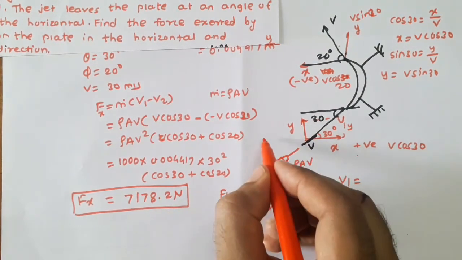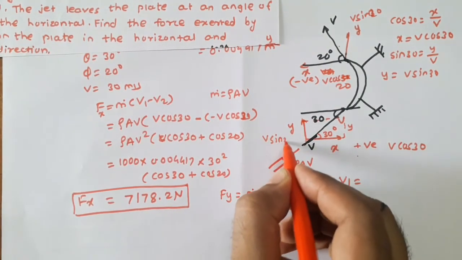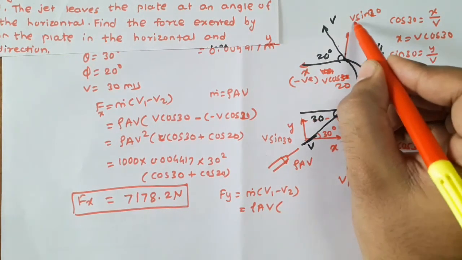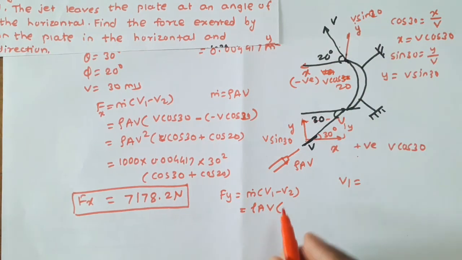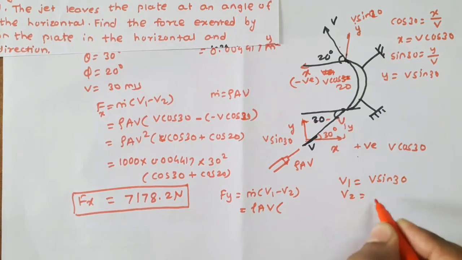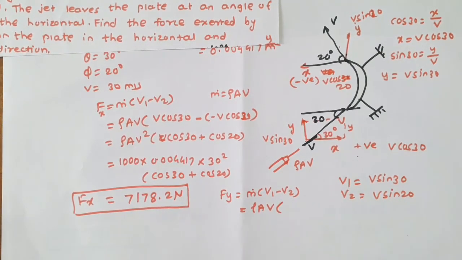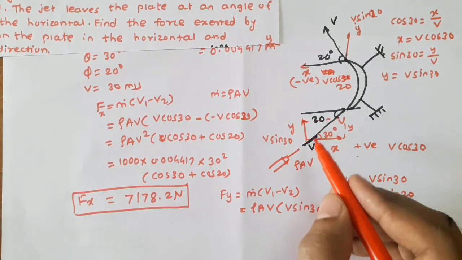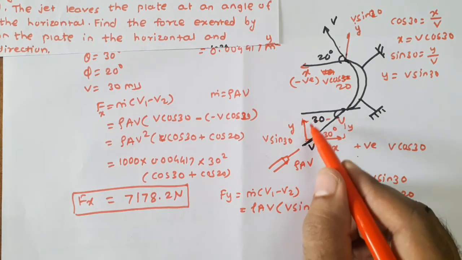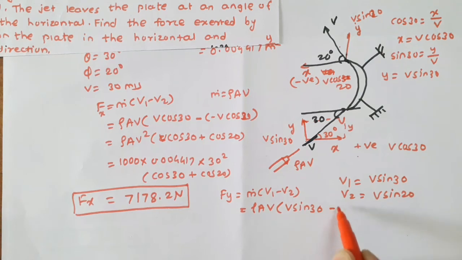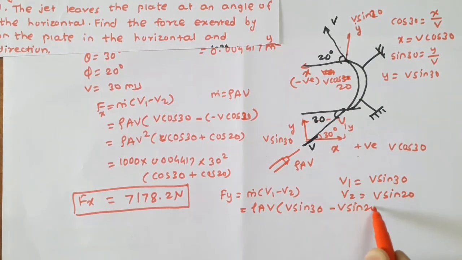The y component is v sin 30, and the v2 component is v sin 20. So put the v1 and v2 values in this equation. v1 is v sin 30. In this case our assumption is that the vertical y component has the positive sign. So v sin 30 minus v sin 20.